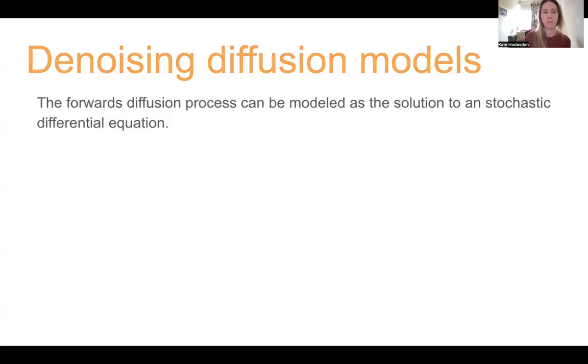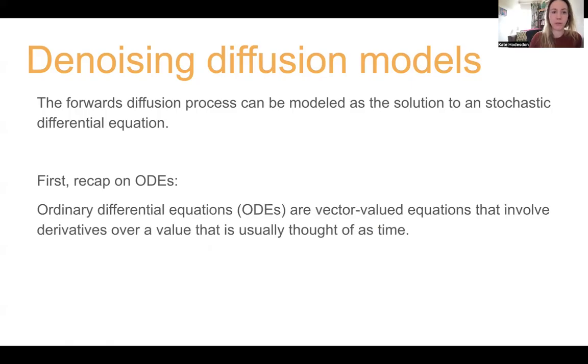Okay, so the forward diffusion process can be modeled as the solution to a stochastic differential equation. But just to be sure that we're all on the same page with terminology, just a really quick recap on ordinary differential equations.